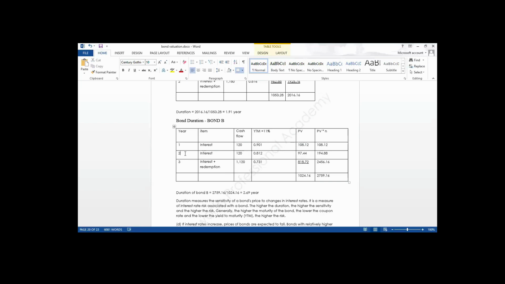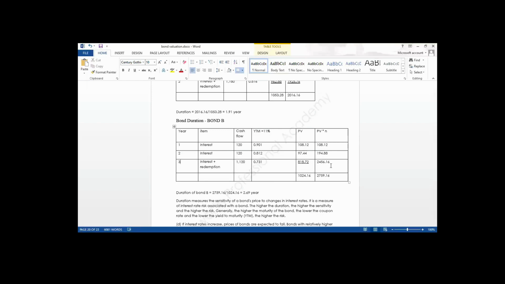That will give us 194.88. Next, the present value multiplied by 3. That is our n. That will give us 2,456.16.